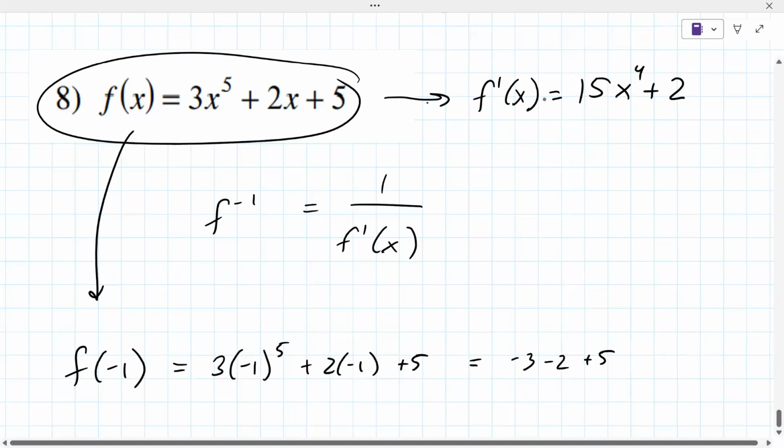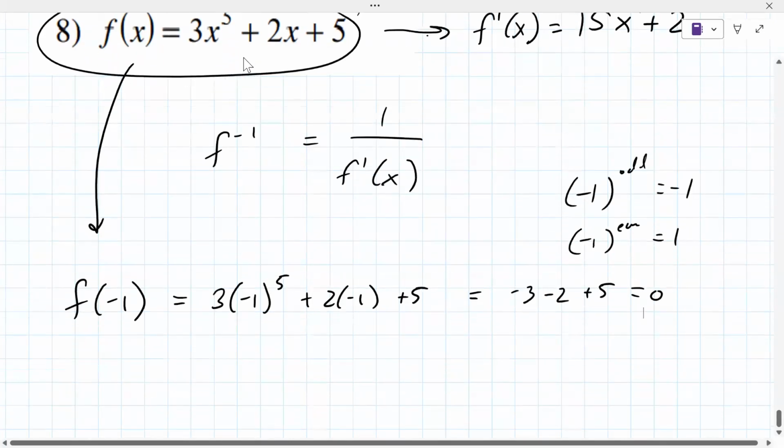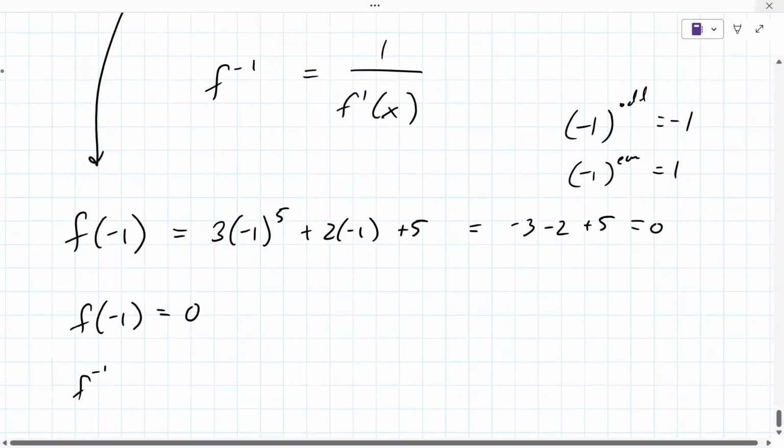Negative 1 to an odd power is negative 1. Negative 1 to an even power is 1. Okay. So this ends up being 0. So f of negative 1 equals 0, which means f inverse of 0 equals negative 1.